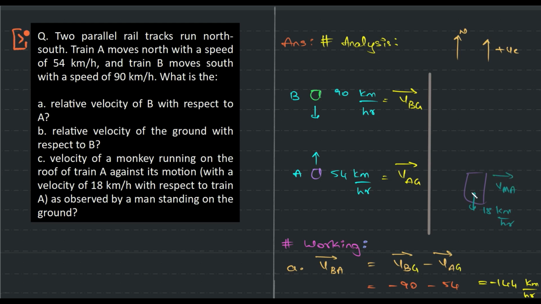So if the train was stationary, the monkey is moving at 18 kilometers per hour. That is the idea. So we need to figure out the velocity of the monkey for a person standing on the ground.